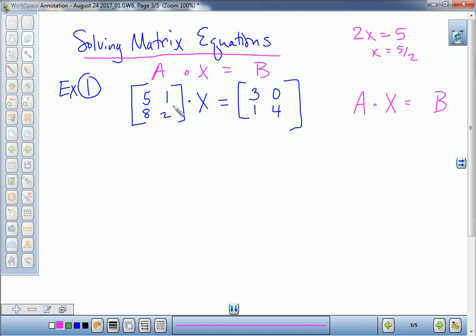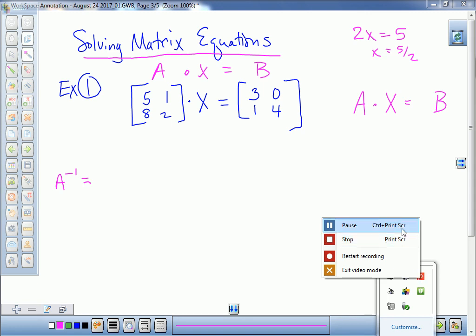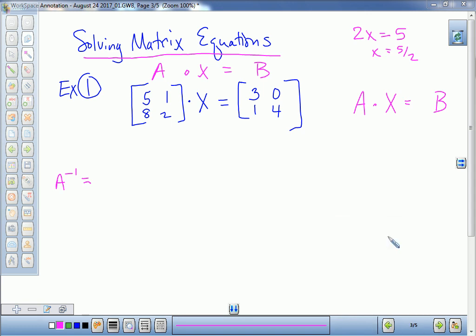Who thinks they have an idea of how to get rid of matrix A? What do you think? Multiply by its inverse. Okay, so I would like everyone to please find A inverse. All right, so let's do it.